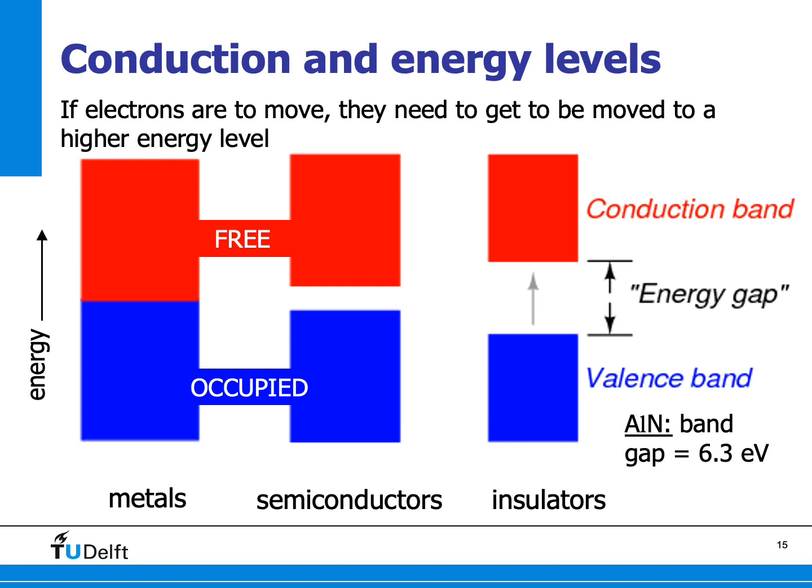Now in the semiconductors, as you can see here, there's an energy gap or a band gap, and more energy is required to promote an electron from the valence band to the conduction band. The difference between the semiconductors and the insulators is that the energy gap is larger.